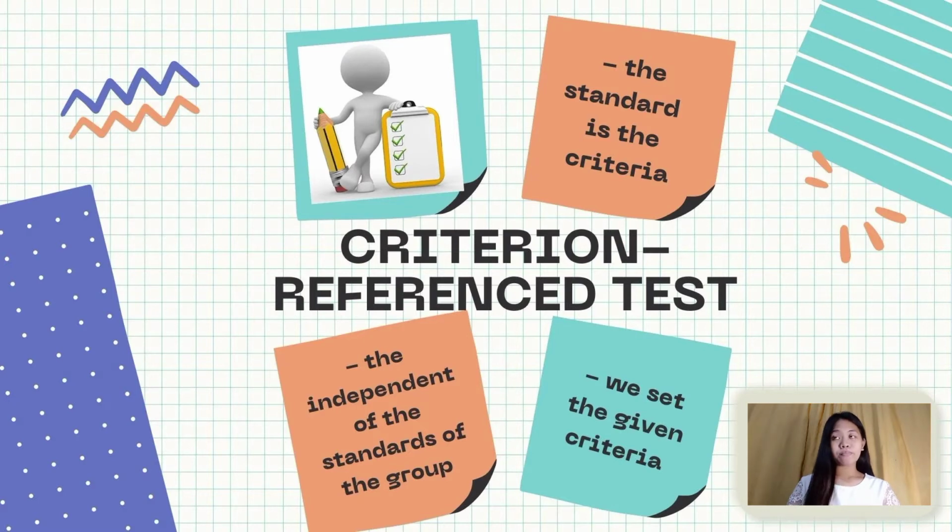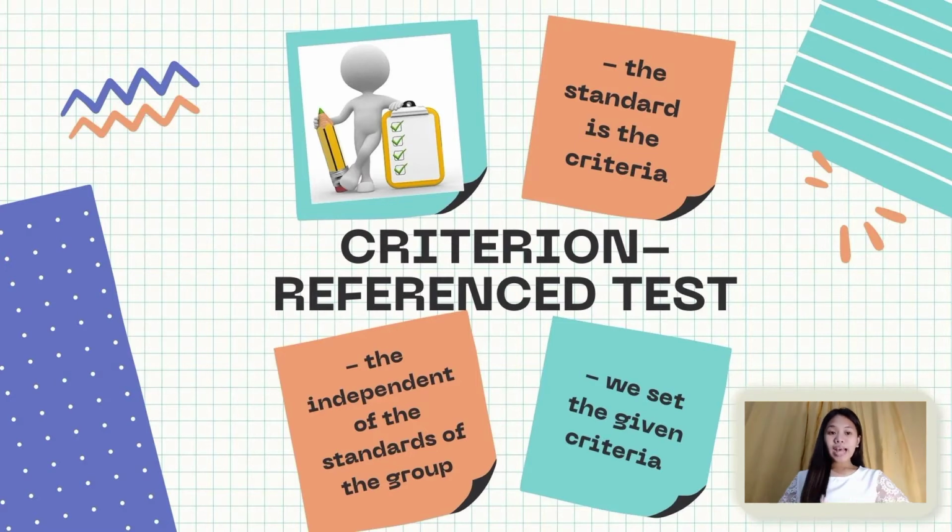We set the given mastery standard, we set the given criteria, we set the given percentage of the scoring in which we can say that this person passed or failed. We also set a level of mastery. So that is what criterion reference is.